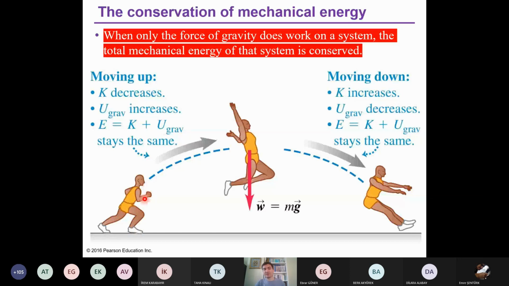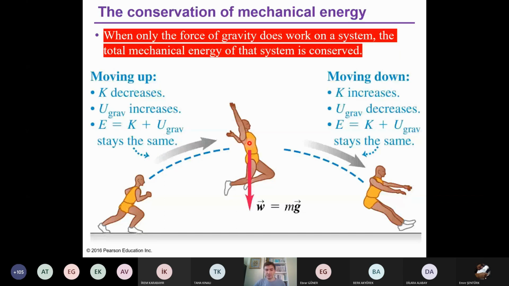So what happens during this type of trajectory of this athlete? When he is moving up, what happens? The kinetic energy will decrease, right? And gravitational potential energy increases. So at the maximum height, he will reach the maximum gravitational potential energy, but at the maximum height, the kinetic energy will be 0.